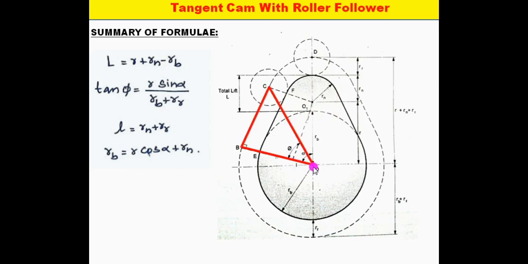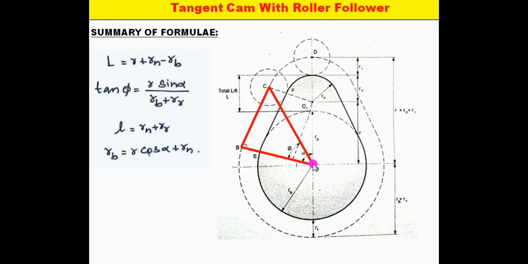Now consider this triangle OBC. Tan phi is equal to the opposite side BC upon the adjacent side OB. This BC is equal to O1I. That O1I can be calculated by considering this triangle O1IO, and is given by R sin alpha.